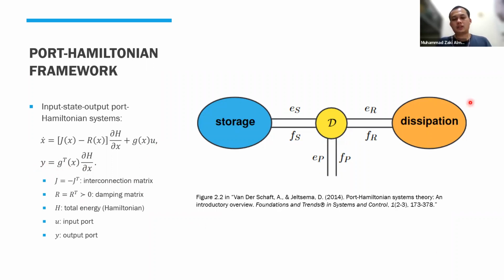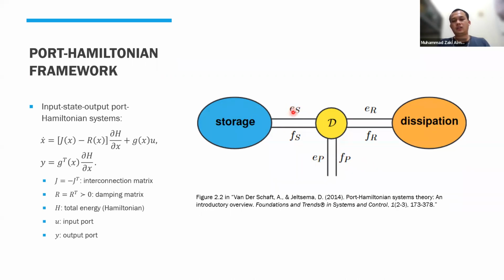You can see the abstraction on the right side, where this is a single port Hamiltonian system, where you have the storage element. You can think of the storage element as a spring. For example, a spring is basically a storage element, so the energy does not dissipate in this case. And you have the dissipation element, and you have the external ports.